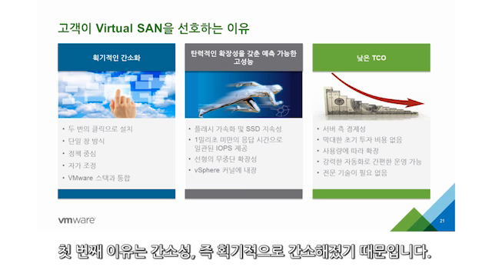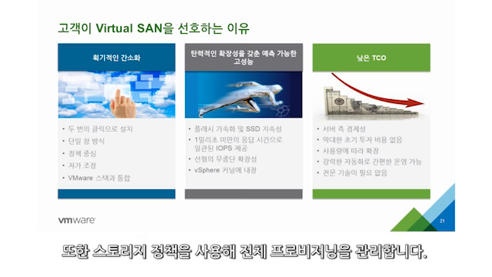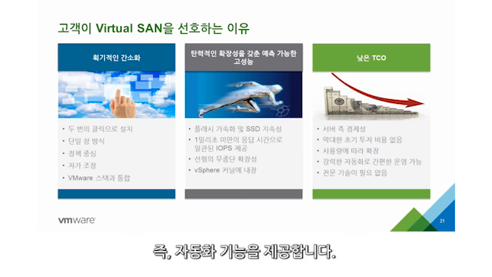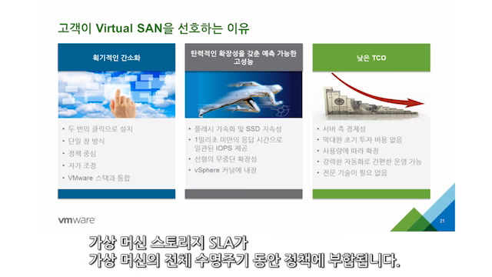First up, one of the things they comment on is the simplicity. It's radically simple. Remember, it is embedded in the vSphere kernel. There is no need to install a separate storage appliance or VM. It uses storage policies to manage the whole provisioning. And the key thing is that it provides that automation. It automatically tunes and rebalances storage to ensure that the VM storage SLAs stay compliant with the policies throughout the life cycle of the VM.